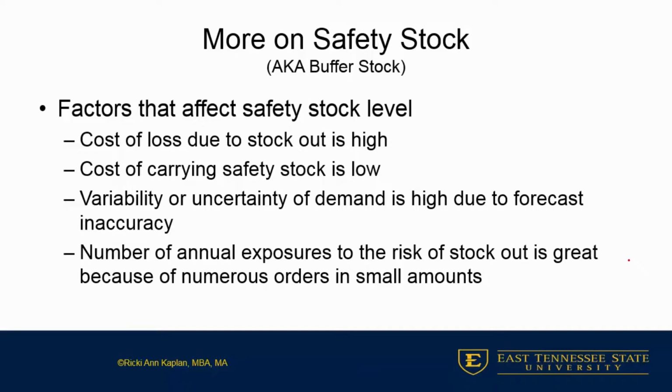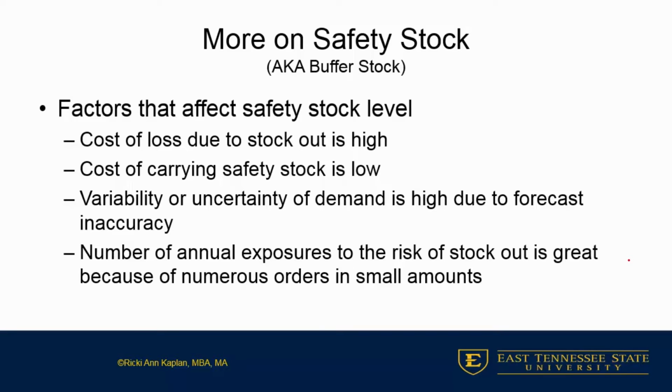When variability or uncertainty of demand is high due to forecast inaccuracy. Remember back on exam 1, I think it's, for some reason I'm saying chapter 4, but don't quote me on that. We talked forecasting. And we talked about accuracy. We did MAD, MSE, MFE, MAPE. We looked at those to see how well we actually forecasted.